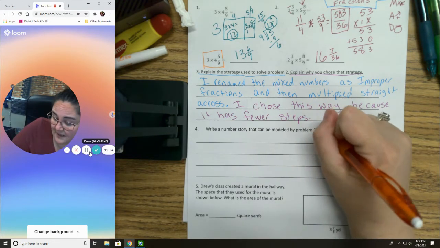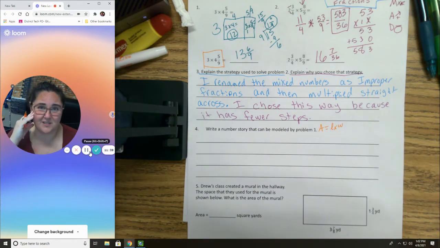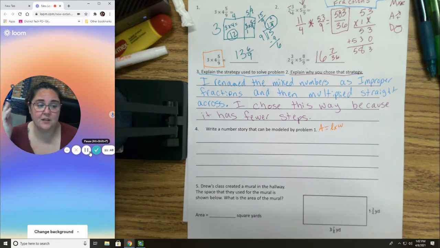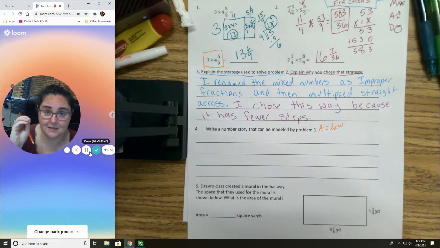Because I know area equals length times width. That would be an easy one to use. Maybe I use 3 different cups with 4 5/9 ounces. That's okay too. Whatever story model or number story you use, it has to make sense.